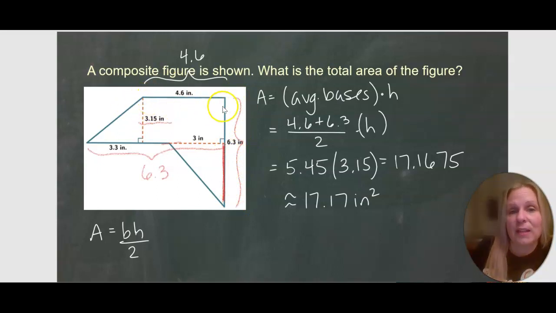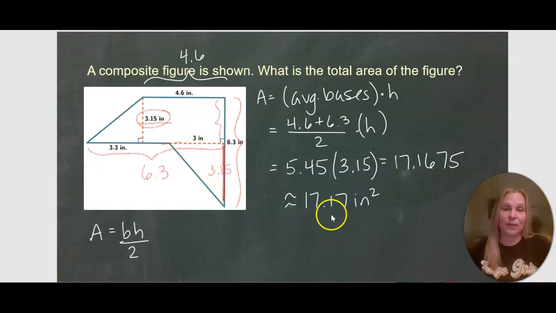But I know that this part of it is this, right? Is 3.15. So I'm going to do the whole height, 6.3, and I'm going to take away the 3.15, and that leaves me with 3.15 for this part. All right, so that's the base that I'm looking for.